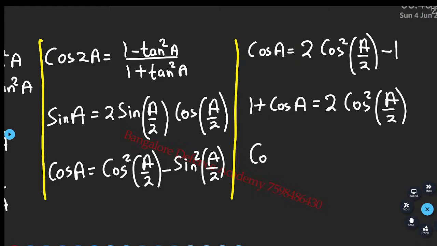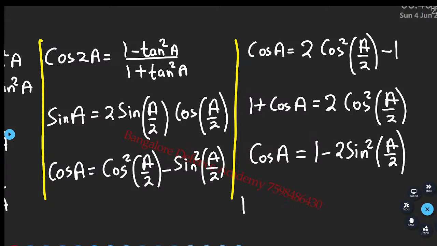Next, cos A is equal to 1 minus 2 sin square A by 2. 1 minus cos A is equal to 2 sin square A by 2.